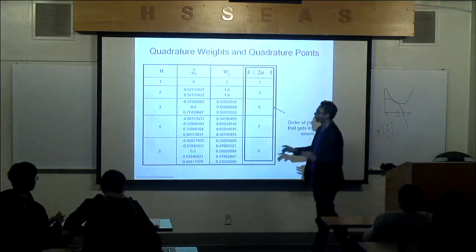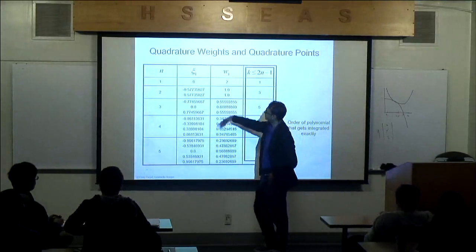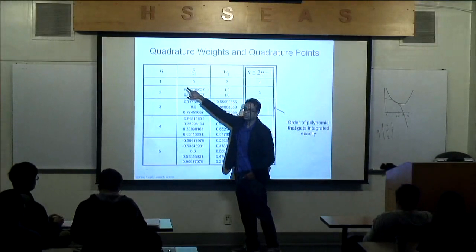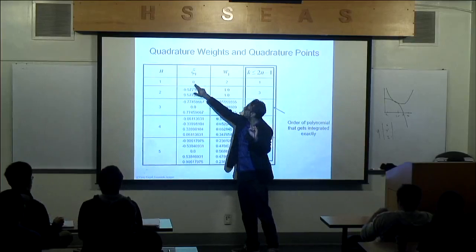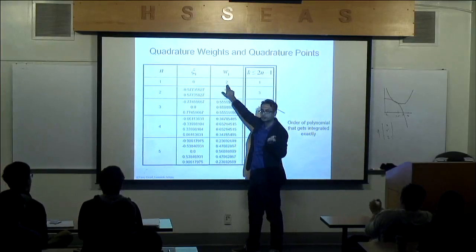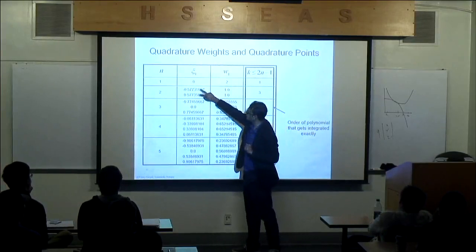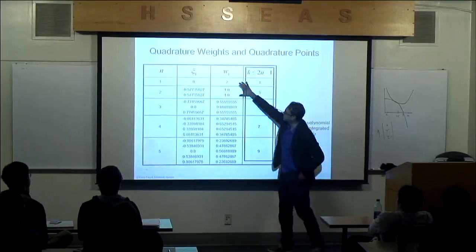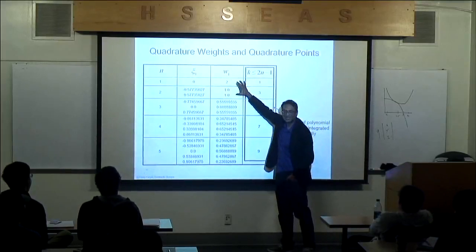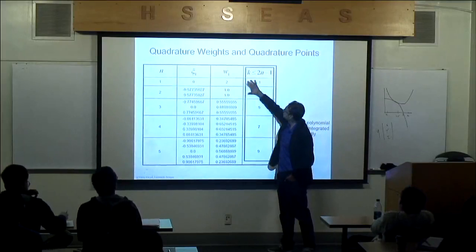The quadrature points can be found in this table. For 1 quadrature point, you'll evaluate the phi function at 0, and the weight is 2. For 2 points, it will be these values, and the weight is 1. And this is accurate exactly up to this polynomial order.